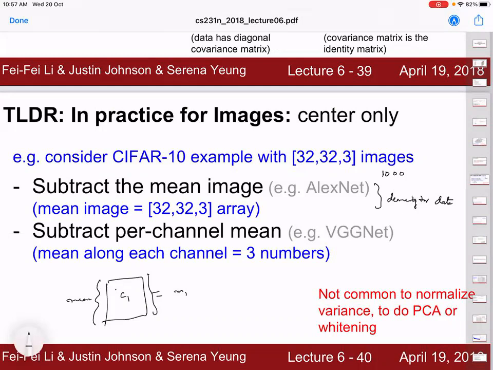Then channel 1 input is modified as channel 1 minus M1. This is a scalar and this is a matrix, 32 cross 32 cross 1, because we are considering only one channel, and this is 1 cross 1. Anyway, you can scale this to this dimension, reshape or tile it, and then do the subtraction. This is how we usually do demeaning on images.